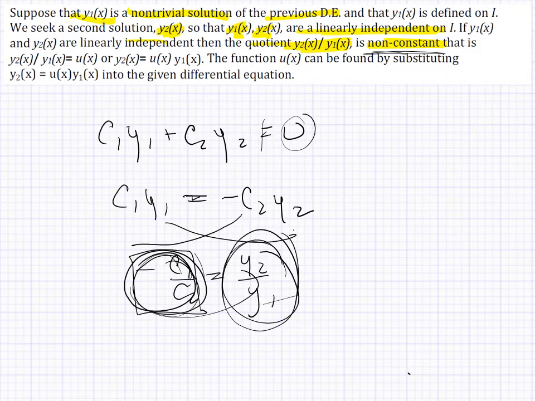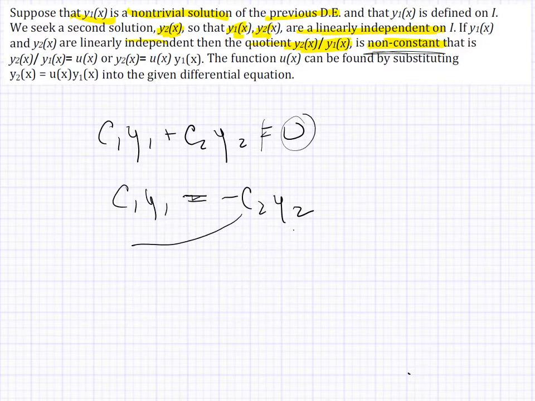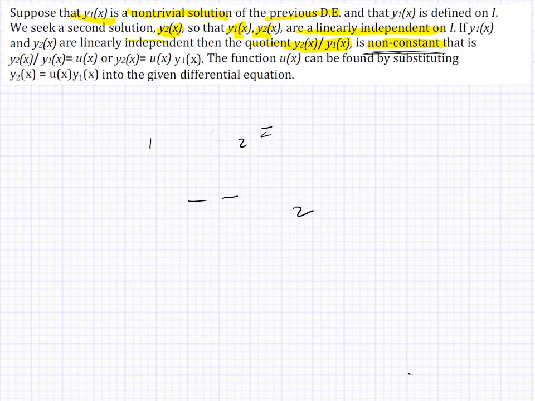Okay, so if when I divide y1 and y2 I get something that's non-constant, then I should get a function of x. Because this is a function of x and this is a function of x, it should be equal to a non-constant function of x.